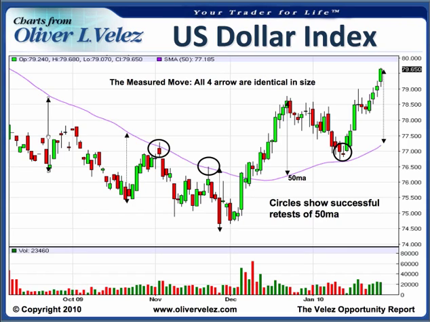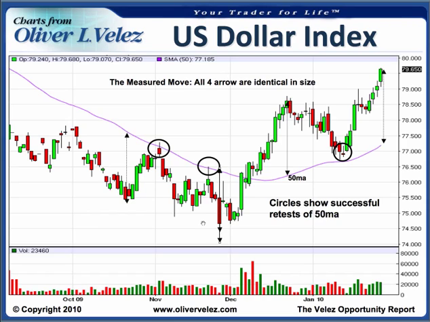Take a look at the size of this first arrow, and let's compare it to the size of this arrow. Pretty close. Now, let's take that arrow and compare it to the size of this arrow.